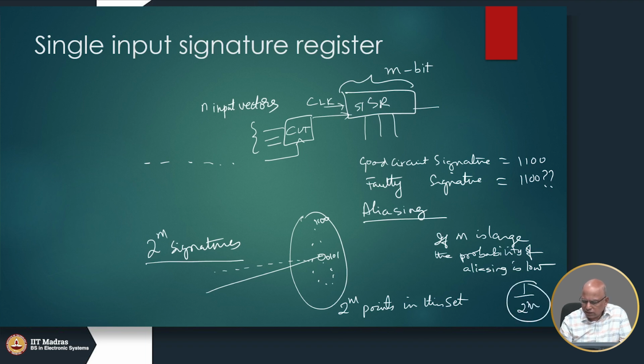So if you have taken m to be a large number, like 32 bits or something like that, then the chance of that aliasing is very low. So aliasing probability is 1 by 2 power m, and that is low. Okay, so that is what you have to appreciate.